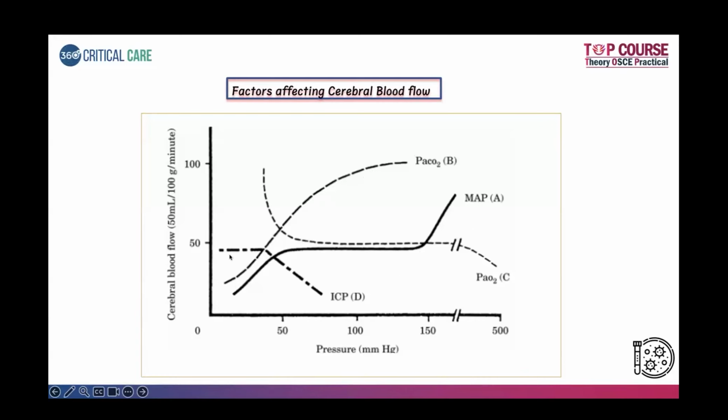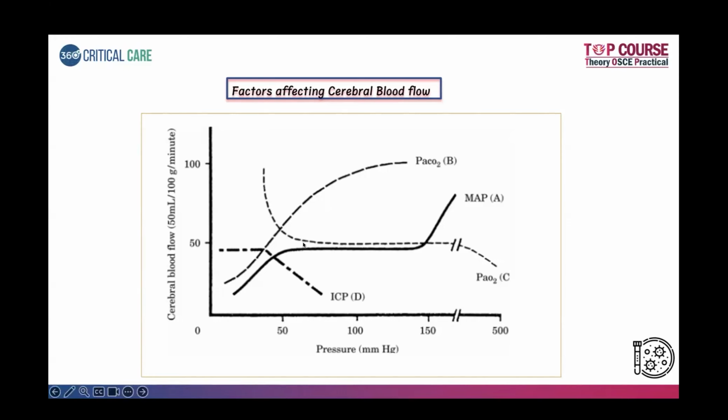And the last one is the ICP. We'll talk about that in a different slide. What you see is that up to a level of ICP, the blood flow remains the same with autoregulation. But if it goes beyond a certain point, then the blood flow gradually decreases, because in the formula for blood flow, the numerator is MAP minus ICP.